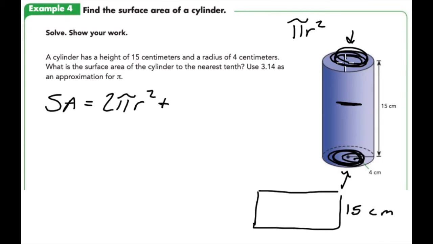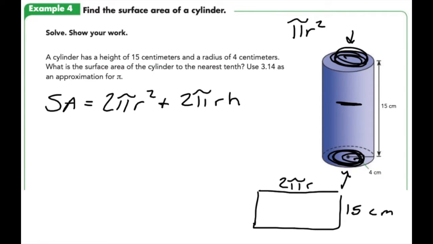To find circumference, we use 2 pi r. If this were a rectangle, which it is, we would do length times width, so we would do 2 pi r times that 15, which is actually the height. So this would be 2 pi r times h.